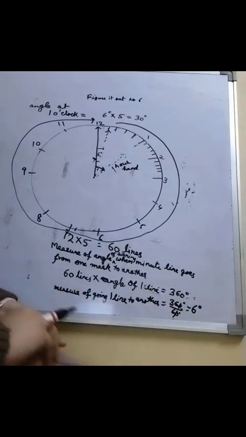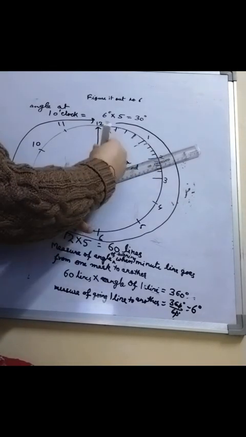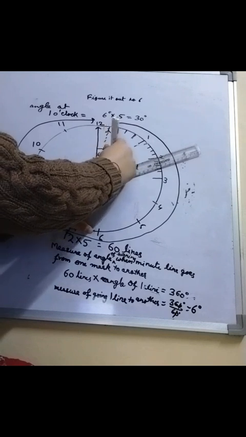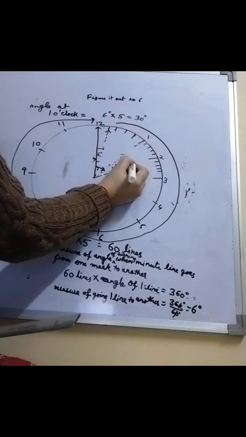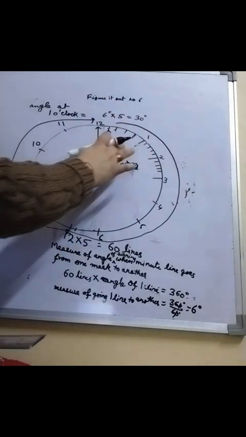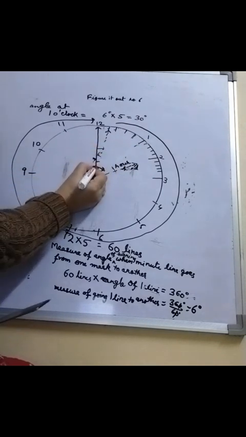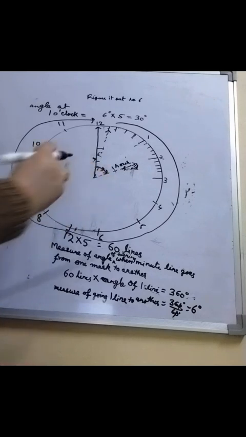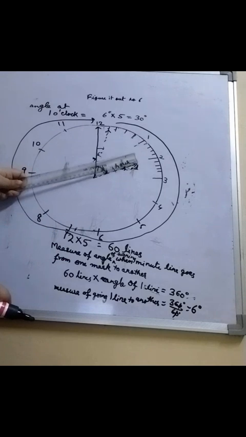When the hour hand is at 2 o'clock, this is 2 o'clock. Okay, and now I will rub this 1 o'clock from here. How much is the angle? At 2 o'clock, our minute hand would be at 12 and our hour hand would be at 2.